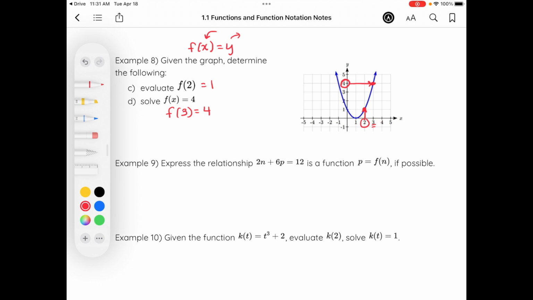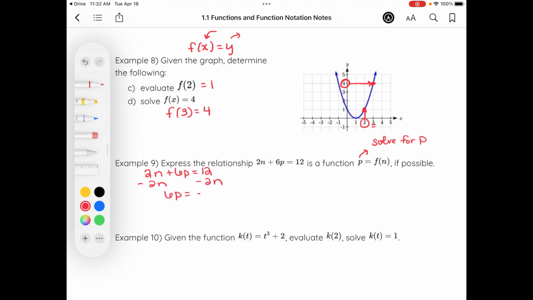Express the relationship 2n plus 6p equals 12 as a function p equals f of n if possible. So our goal is to solve for p. Right now I have 2n plus 6p equals 12. So we'll just start solving for p. So I'll subtract 2n.